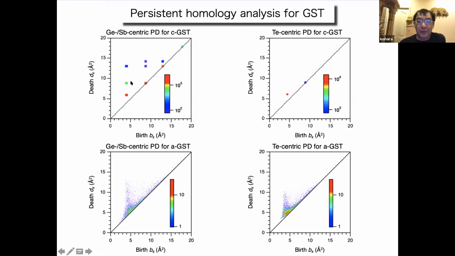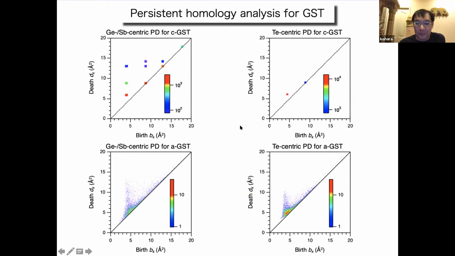Persistence diagram. This is crystalline phase, and this is amorphous phase. This is very, very different from amorphous silica, because amorphous silica doesn't have such a similarity between the glass phase and one specific crystalline phase. But in this phase change material, they are very, very similar.